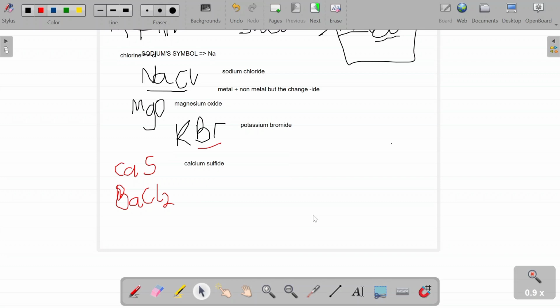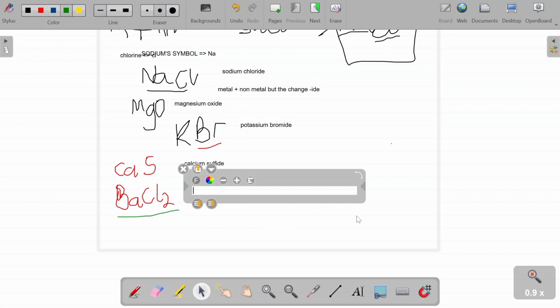Very simple, very direct. Now this question here actually confuses a lot of beginners when it comes to naming ionic compounds specifically. They tend to make the mistake of including the number of atoms. For example, some beginners may name this as barium dichloride, which is wrong.